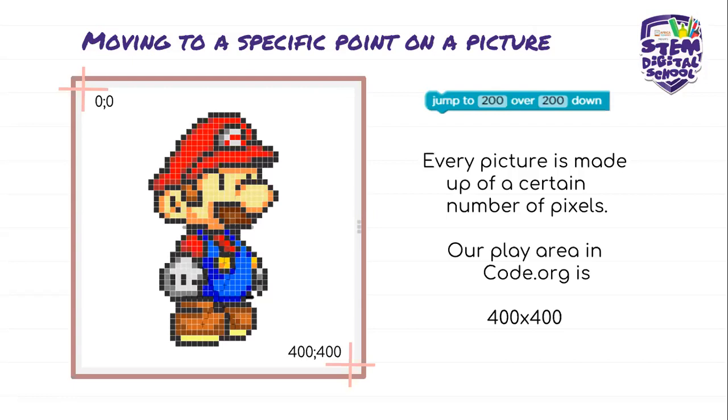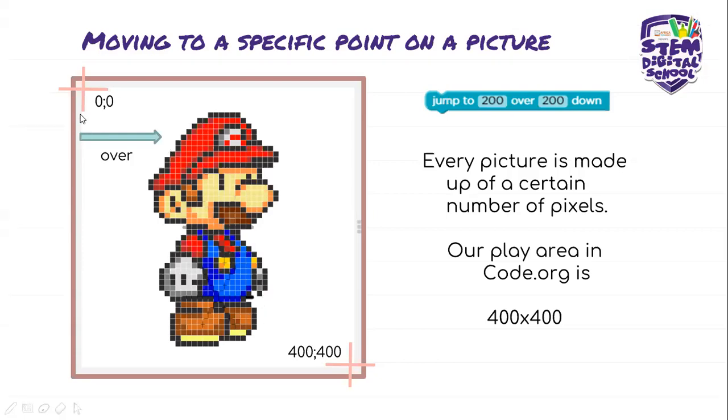Okay, so let me explain to you guys exactly what is happening over here. If I say jump to 200 over, over means from this side of the screen. We said 400 by 400.